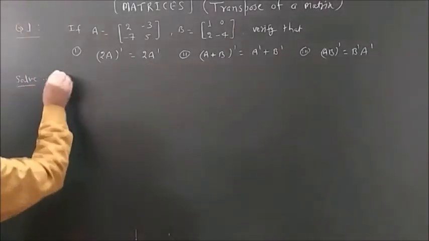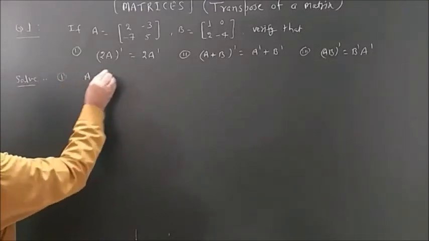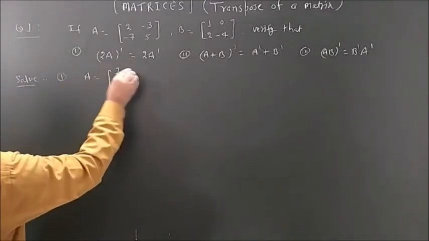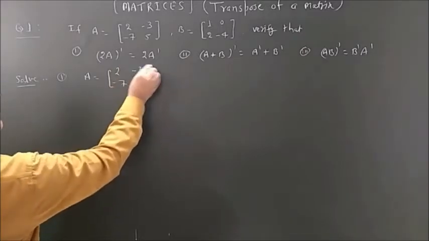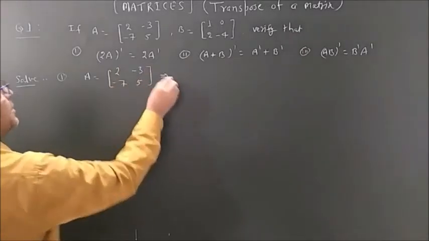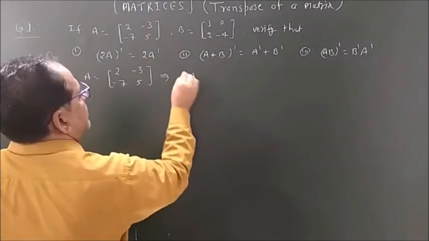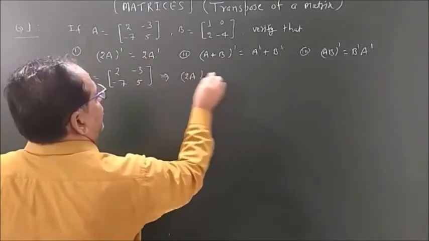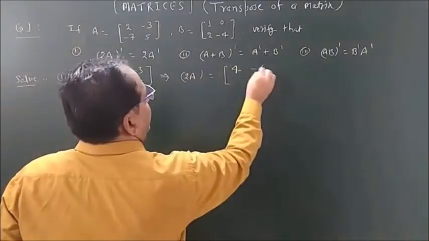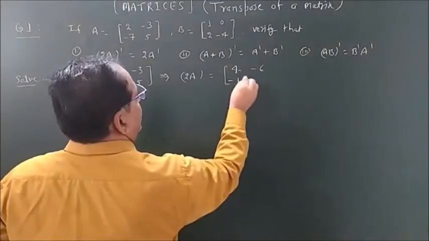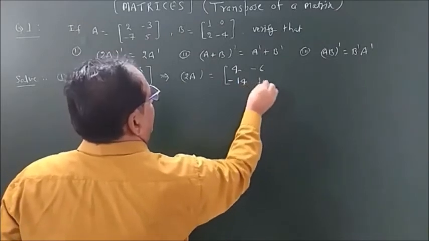So in the first part, A equals [2, minus 3; minus 7, 5]. This implies that 2A equals [4, minus 6; minus 14, 10].